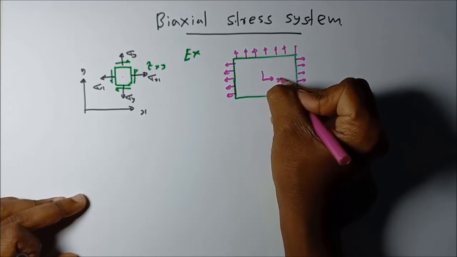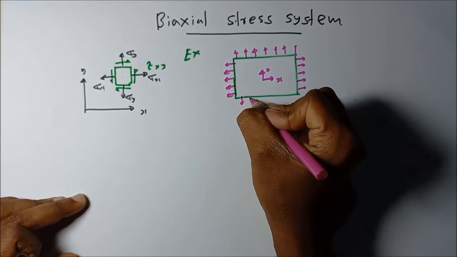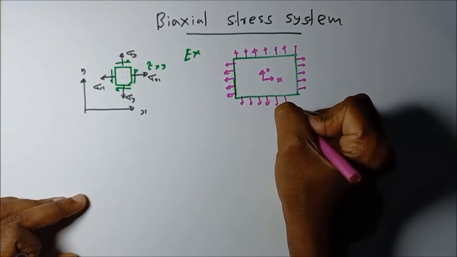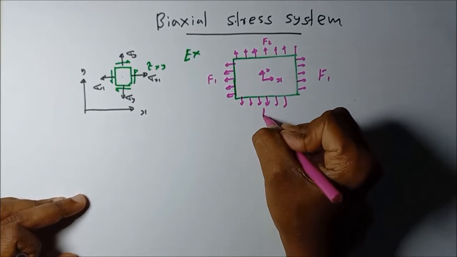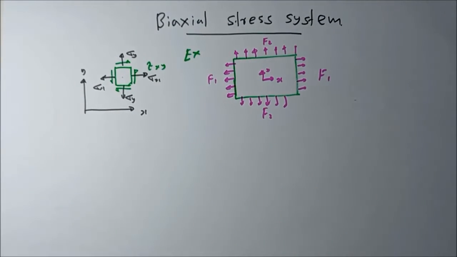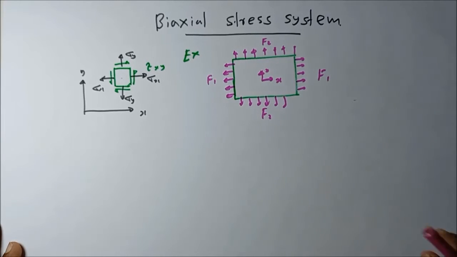Let's take the coordinate system x and y. F1, F1, F2, F2. You can see this sheet metal is subjected to F1 and F2 distributed forces.